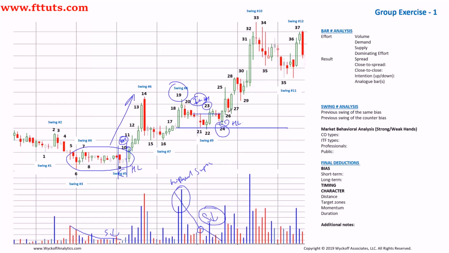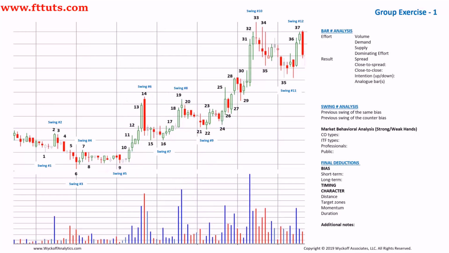So now that we're seeing this action again, and we are suspecting that this is phase C, what kind of character of a move could we expect relative to what we've had on swing number 6? Should be bigger. Yeah, should be bigger, right?